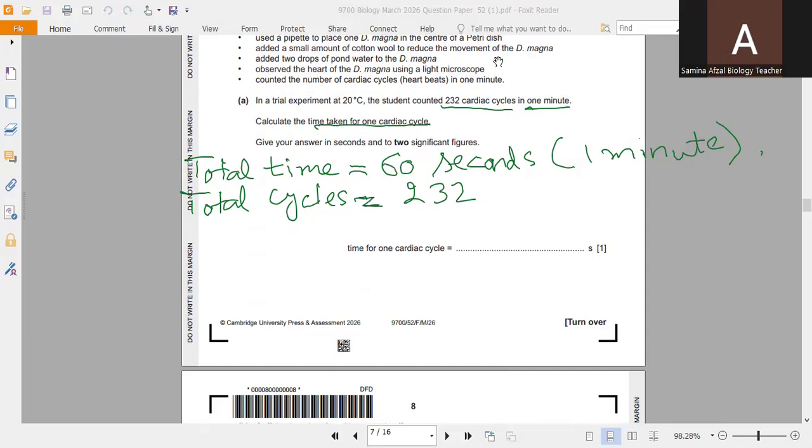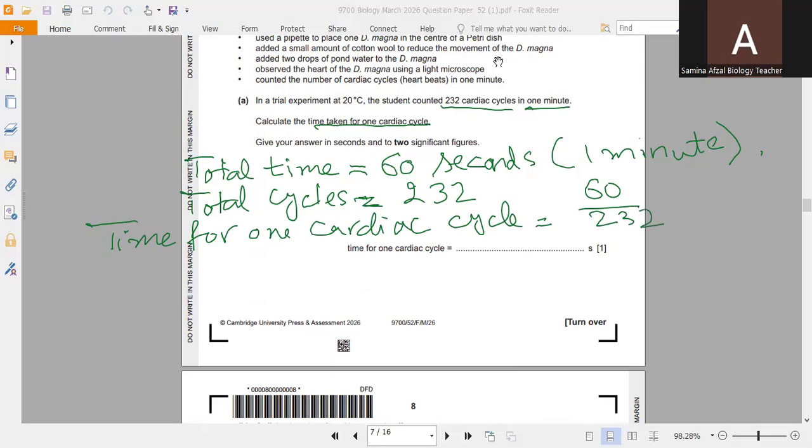So time for one cardiac cycle is 60 divided by 232.